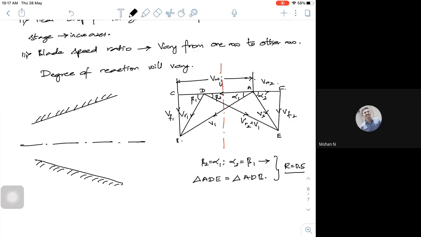So if I have a set of rotors, this is my stator like this. I have a shaft. Let me draw a shaft like this. This is my shaft.